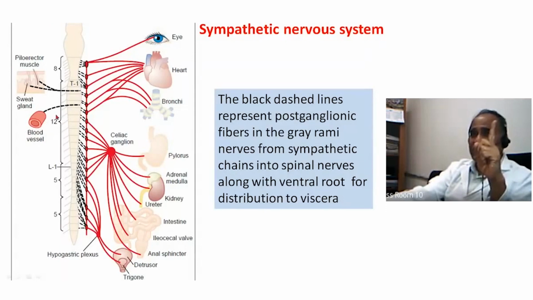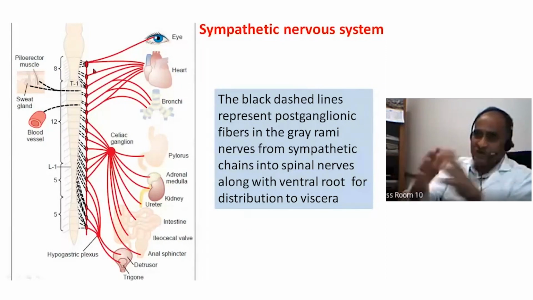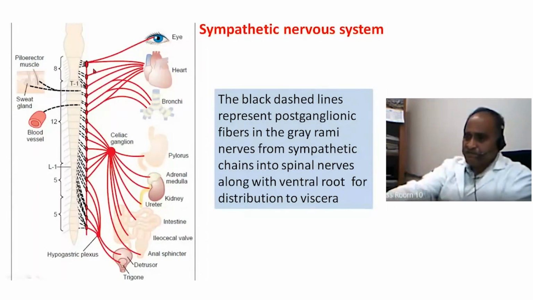Now these dotted lines indicate the rami communicantes. The black dashed lines represent the postganglionic fibers of the gray rami from the sympathetic chains into the spinal nerves along with the ventral root for distribution to the viscera. That's what this diagram is.